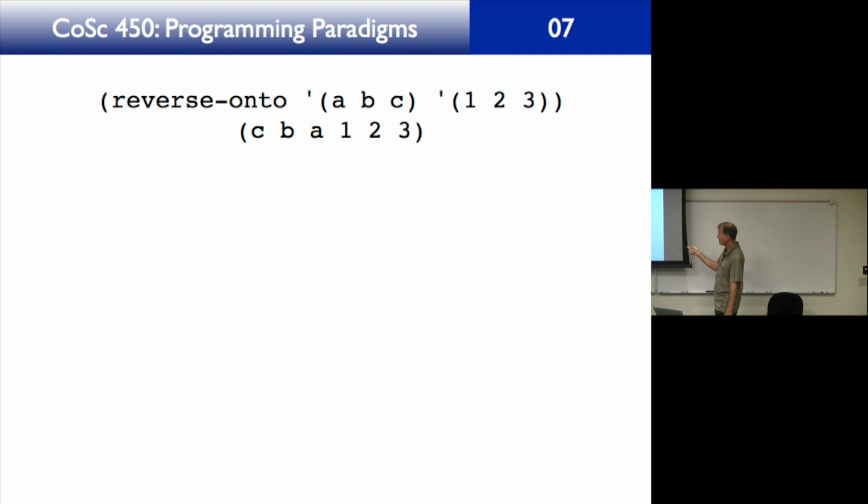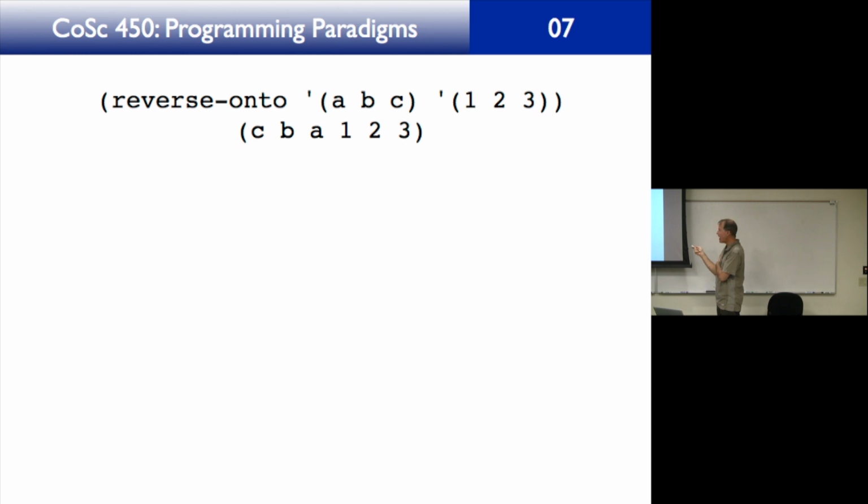Reverse the first and reverse the second. Yeah, it's going to reverse the first one, but it's going to put it what? Onto the second one. Do you see what I mean? Now look, can you see now that this is going to be how we get this in big theta of n? Let's just think about this for a minute.